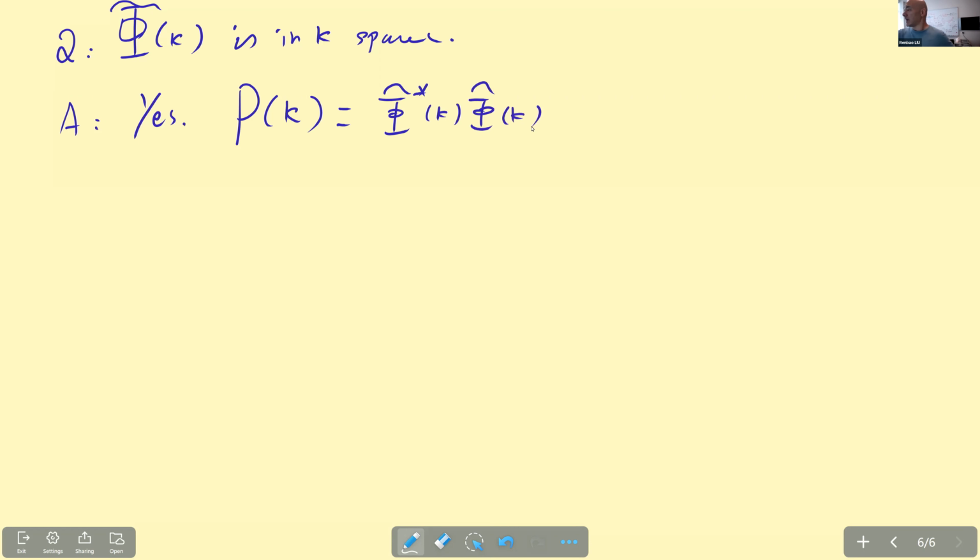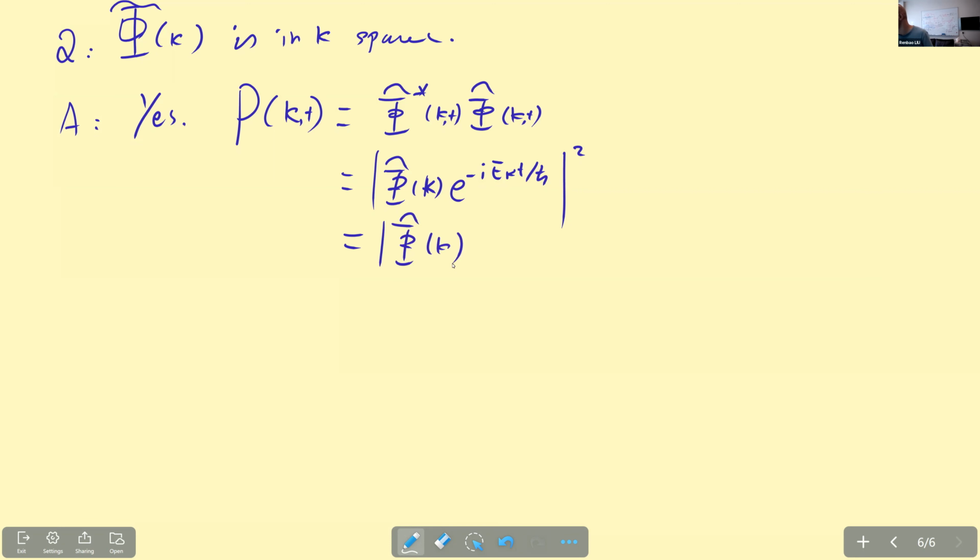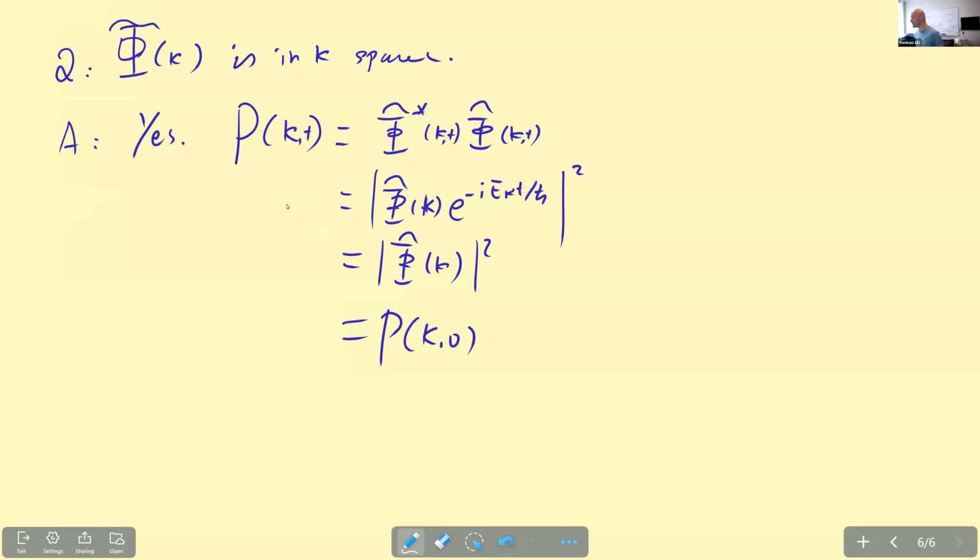If you look at time dependence, you find that this one actually equals percent tiered at K times e to the minus iEk t over h bar, modulus squared, right? And this one equals P K0.